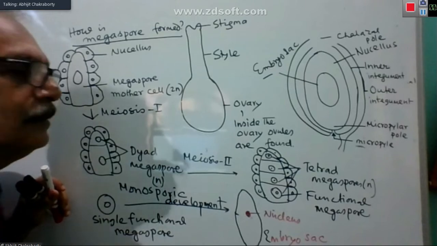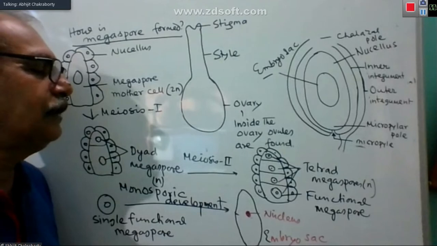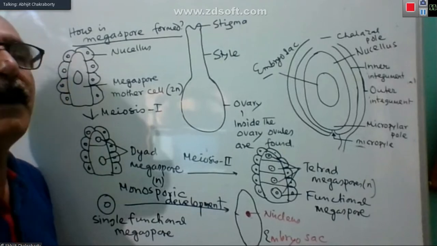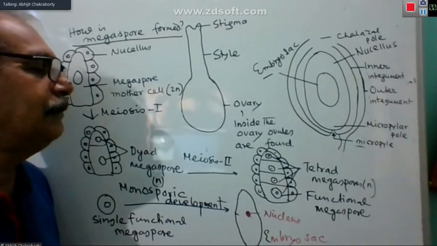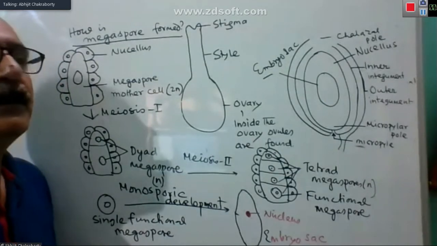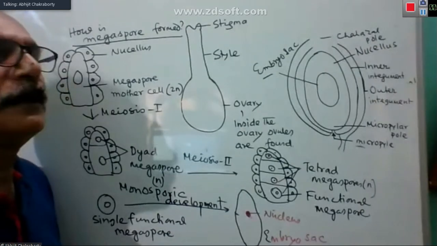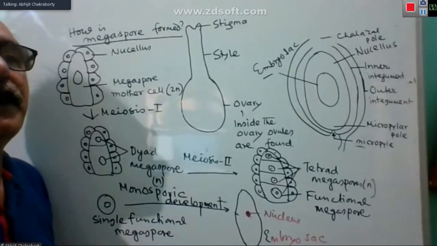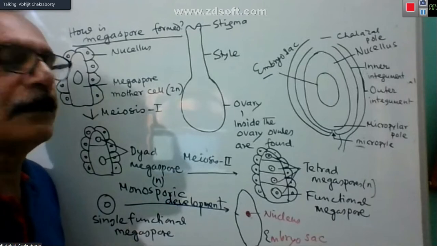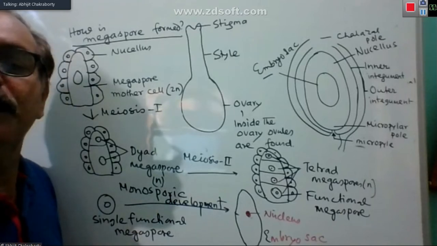In most cases, out of 4 megaspores produced at this stage, 1 megaspore is found larger and it is called functional megaspore. And this functional megaspore then undergoes development to form the embryo sac. Such a type of development where from single functional megaspore the embryo sac is formed is called monosporic development.